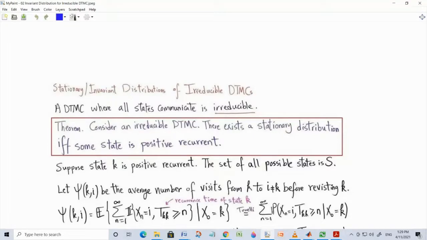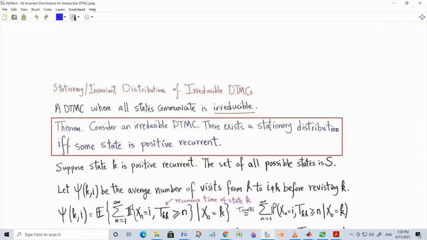When our Markov chain has this property, that every pair of states communicate, for every i and j, i is reachable from j and j is reachable from i, then we call the chain irreducible.